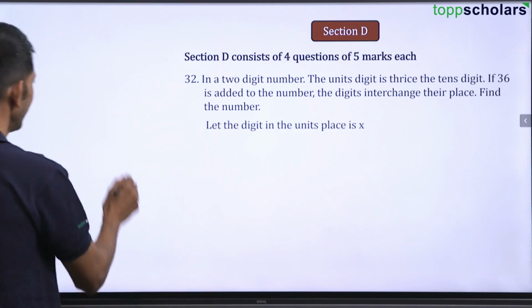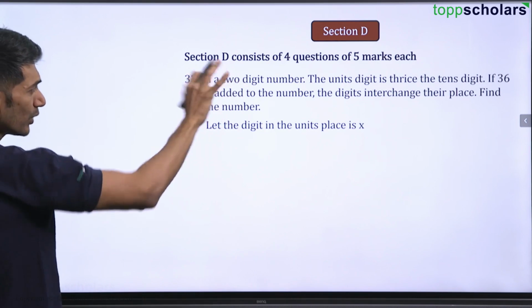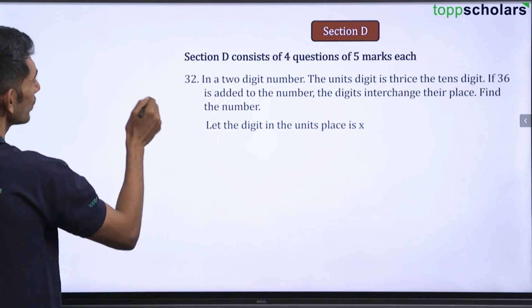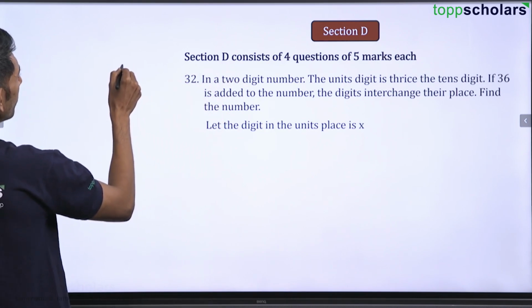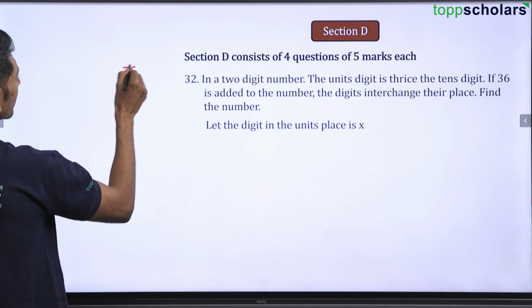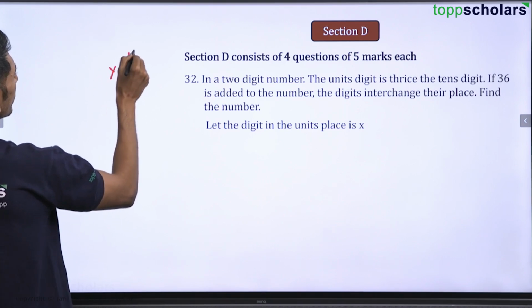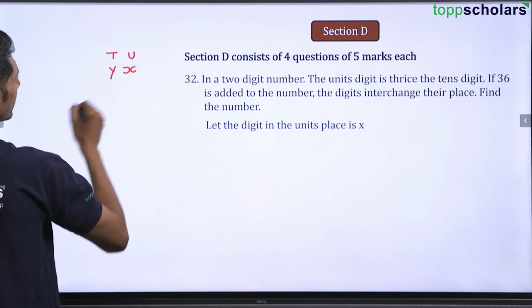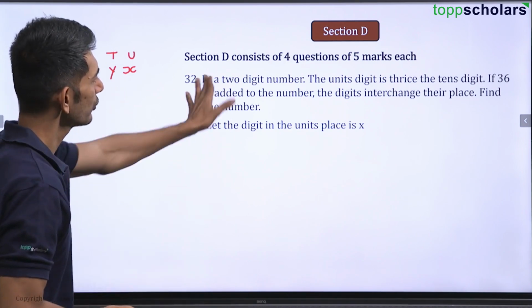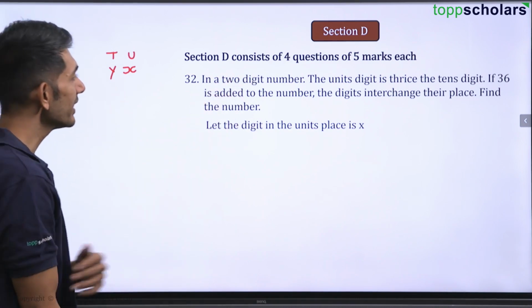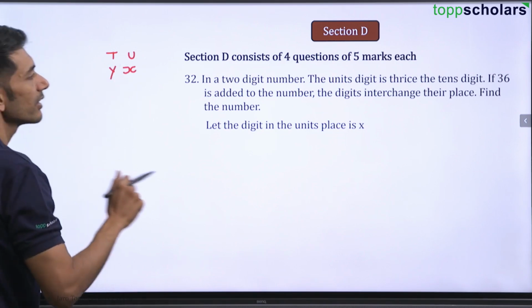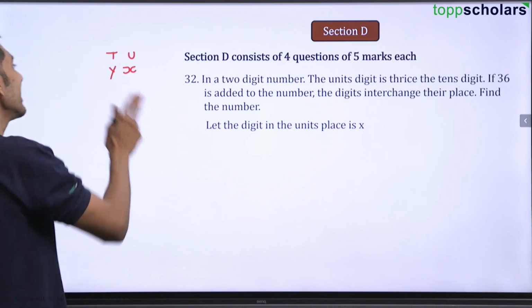So firstly, let's try to understand. See, a 2-digit number, so can I say the 2-digit number is of the form like this? This is the units place, this is the tens place, correct? So in a 2-digit number, the unit digit is thrice the tens digit.